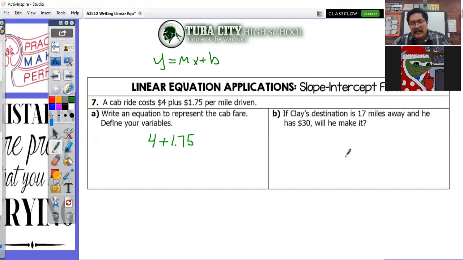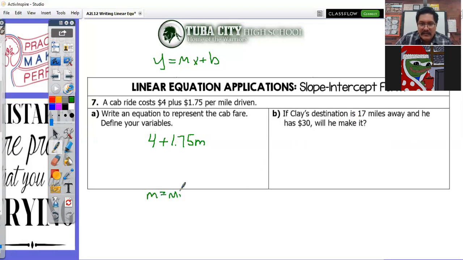Now, again, this cab fare changes depending on how far you are driving. If you're just going down the road, it won't be that much. But if you're going to be driving a long way, it's going to cost more, right? The longer they drive you, the more it's going to cost. And that makes sense because you're using up the cab driver's time and gas to get there. So we are going to use M for miles.